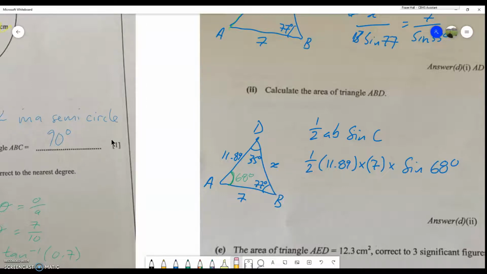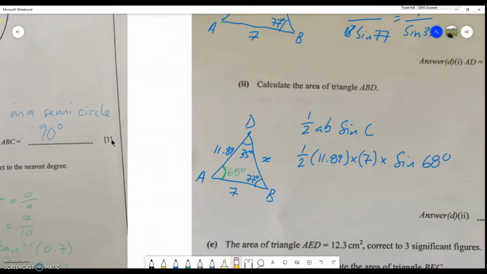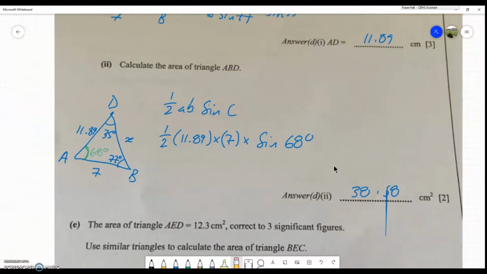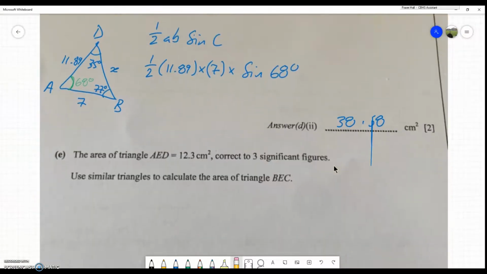To be able to use the area rule, we need to work out this angle, and we can work that out because if we know that's 35 and that's 77, that must be 68. So we've got the opposite side we don't know of 68, but we can use this as A and B, and this would be sine C. Substitute those in, use the calculator to get our final answer.